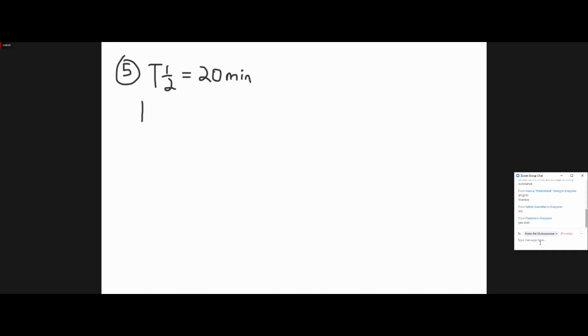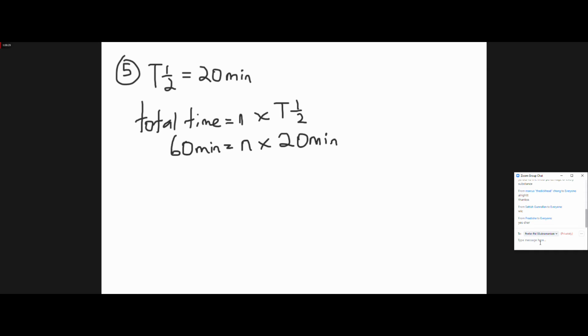Total time always equals the number of times the half-life occurred times the time of each half-life. Total time is 1 hour, which is 60 minutes. Each half-life is 20 minutes, so it occurred 3 times. They want to know what fraction is left.